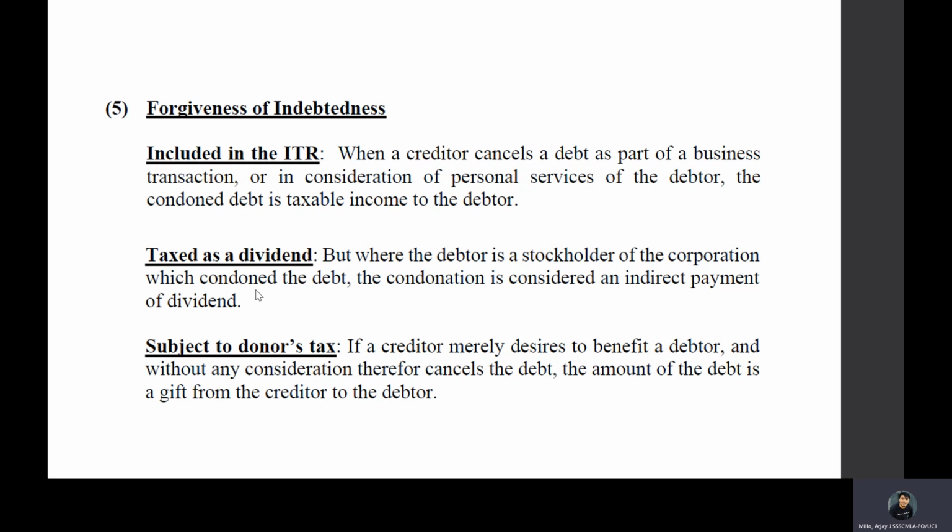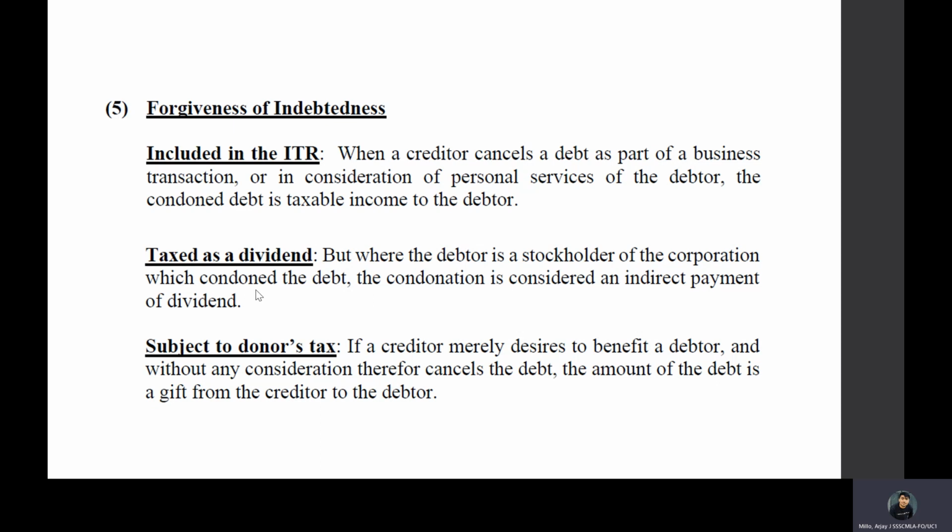Yun ang titingnan nyo. Kung una, if may consideration, meaning may change of service or may binigay in exchange of condonation of debt, then that will be included in ITR as part of gross income. Kapag wala, donor's tax yun. Kapag ang debtor is a stockholder ng corporation na nag-condone ng debt, as if dividend yung binayaran, yung payment, so it will be taxed as if dividend.